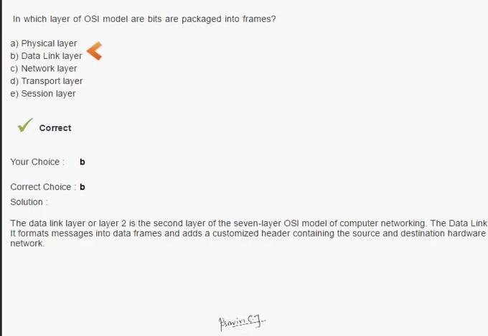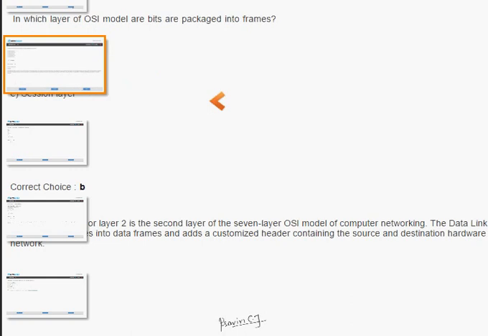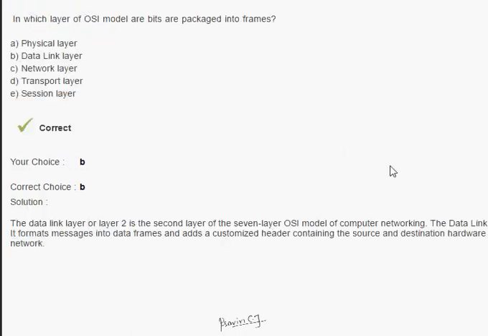Okay, so OSI stands for open system interconnection. Okay, it's not an interface. So the data link layer is layer 2, the second layer of the seven layers of the OSI model of computer networking.